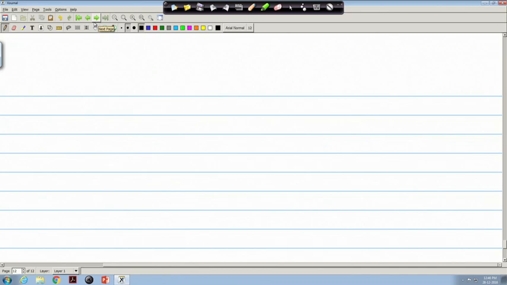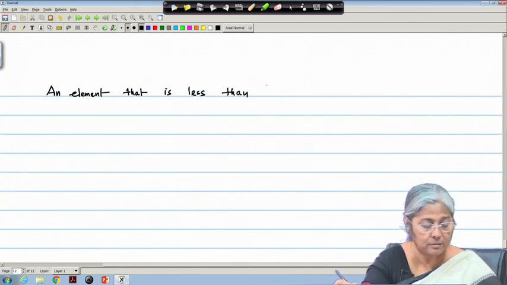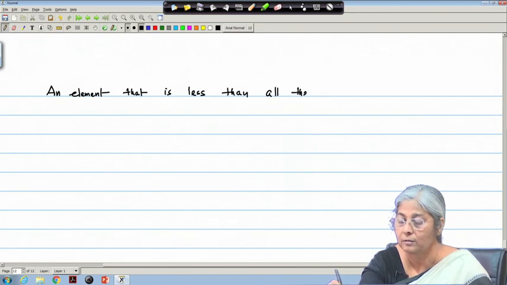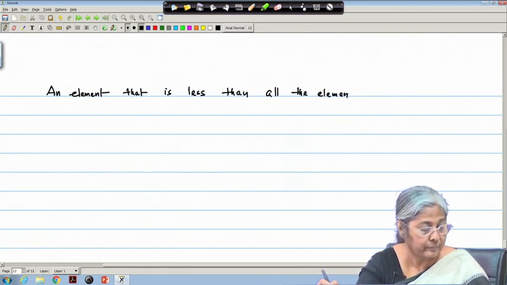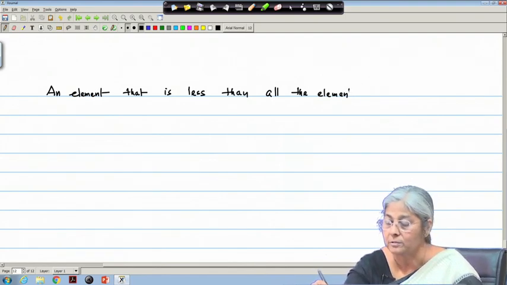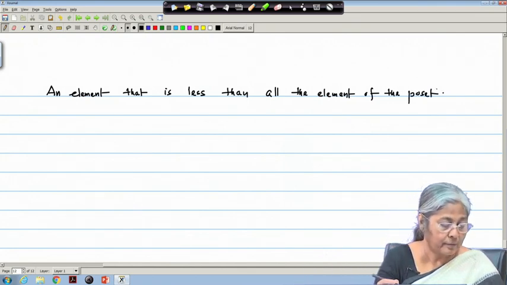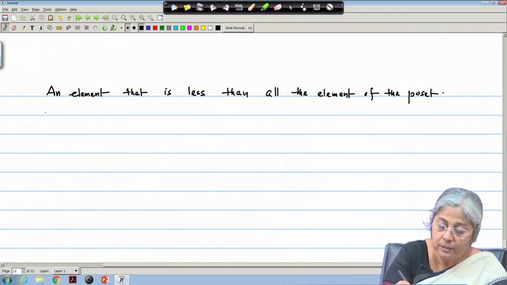Now, in a similar way I can define the least element. Again, sometimes we get an element that is less than all the elements of the poset.